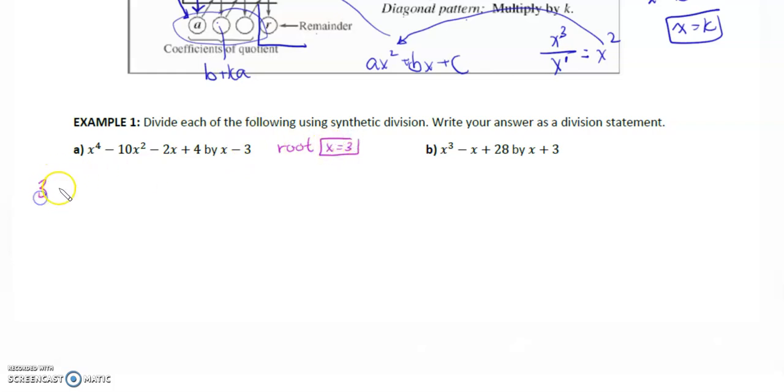Now we have 3, and we want to put the coefficients. Coefficient 1 goes here. There's 0x cubed. So just like long division, we have to fill in those numbers. There's negative 10x squared, there's negative 2x, and then there's 4.